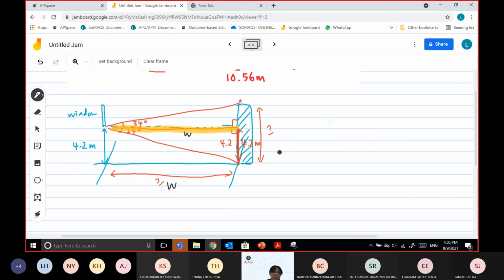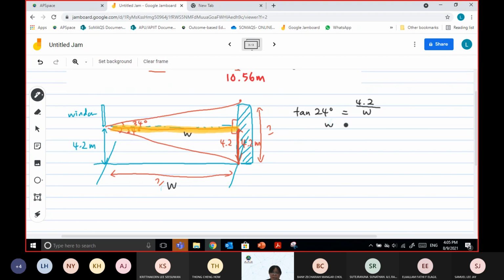So how to find the width of the road? Can I use the 24 degree? Should I use sine, tangent, or cosine? Tangent. So if I use tangent of 24 degrees, it will be 4.2 over W.